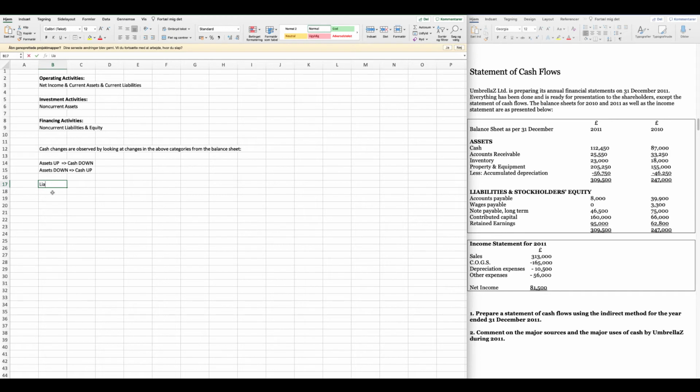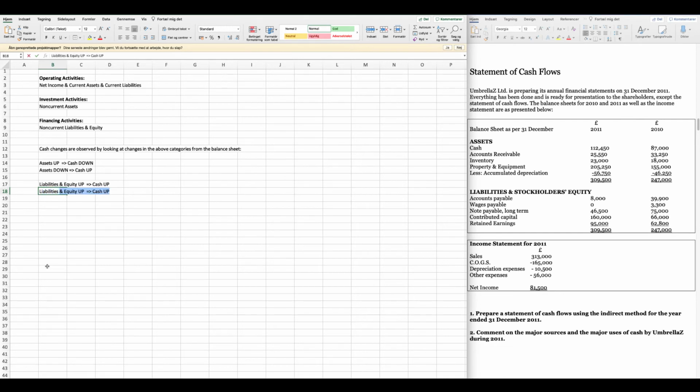So the other thing we want to look at is what happens to liabilities and equity if they go up. Well, then the cash effect is that cash goes up as well. So note that this is exactly the opposite of assets, where we saw that cash would go down when assets were up. For liabilities and equity, when that increases, that's why I write it like this, the effect cash-wise is the same, that is, it goes up.